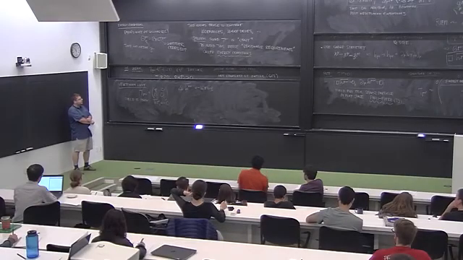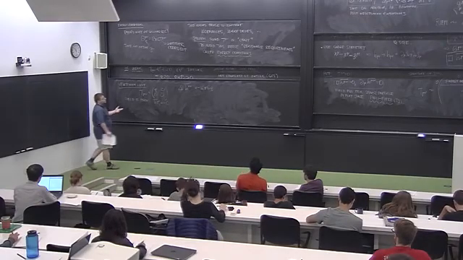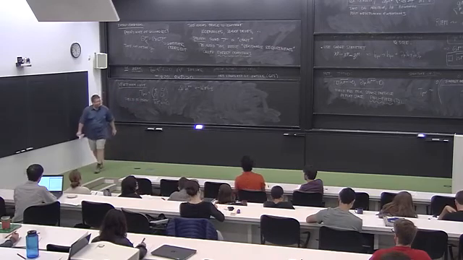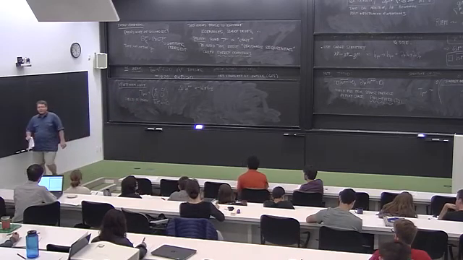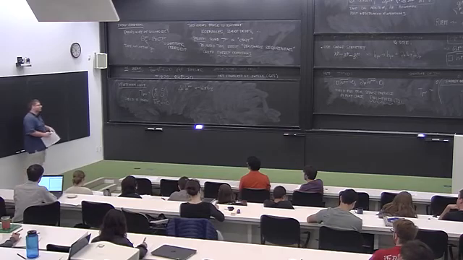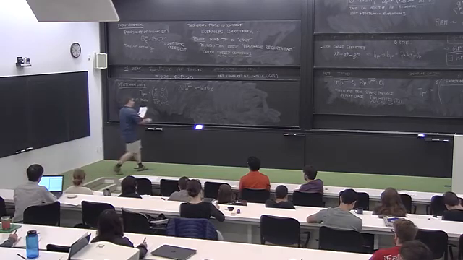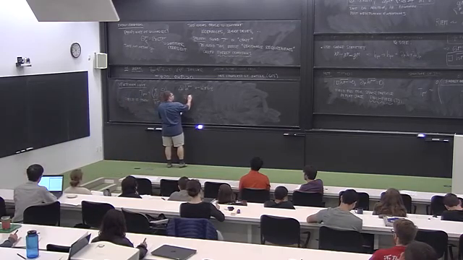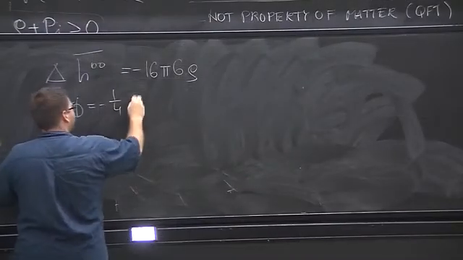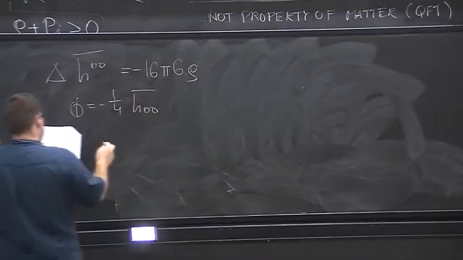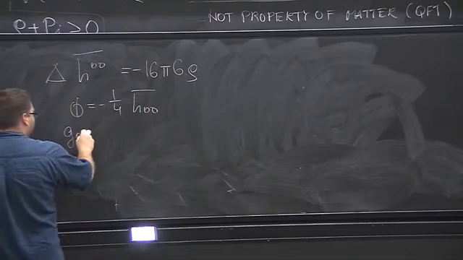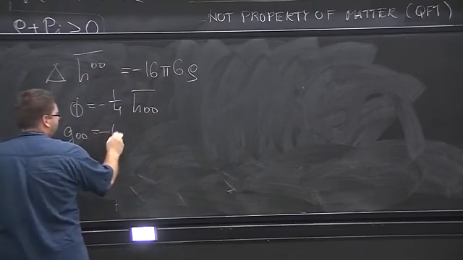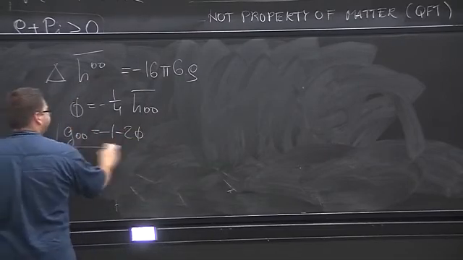So in order for this to be true, of course, we also know from the geodesic equation that h 0,0 is something like minus 2 phi, and g 0,0 is 1 plus 2 phi. So I can define phi to be minus 1 over 4 of h 0,0 bar, which gives me that g 0,0 is whatever we had before, minus 1 minus 2 phi.